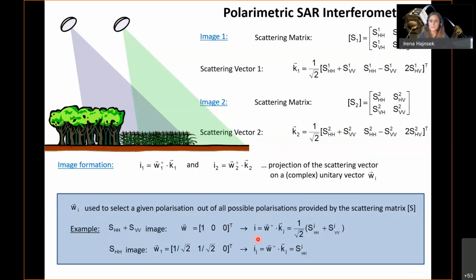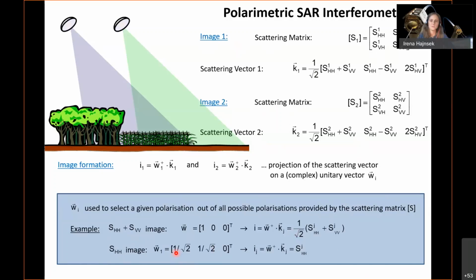Then the first image, or this I vector, which is a composition, as I was saying, of W and K, would have this kind of form for the first element of the Pauli scattering vector. And then, let us consider to have only HH, then this would look like this for the Pauli scattering vector.